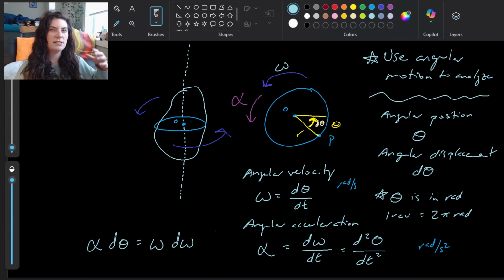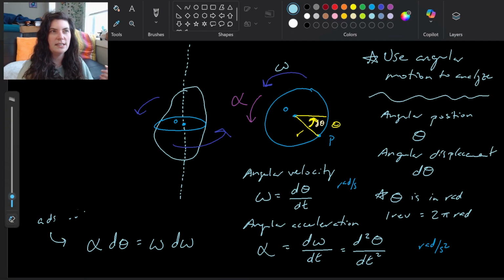Right? We use this a ds equals v dv, this shortcut equation, for our linear kinematics, and we can do the same with our angular kinematics. It's the same concept, just applied to an angle, to a rotation about a fixed axis instead of a linear motion.